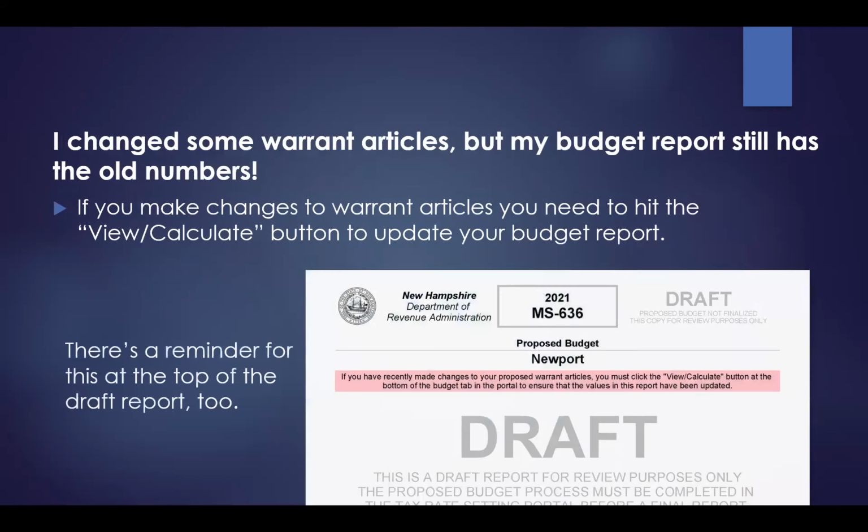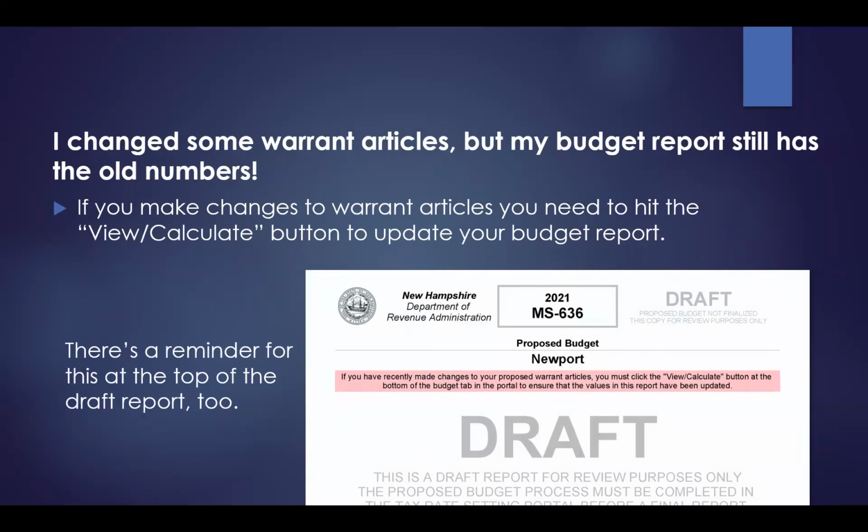Another common question I get: when you're updating warrant articles, you've updated some warrant articles, you've clicked that View Calculate button, you've gone back and forth because you don't like the totals, and you've noticed that your latest round of changes aren't reflected in your draft report. That's because you have to click that View Calculate button at the bottom of the Budget tab.